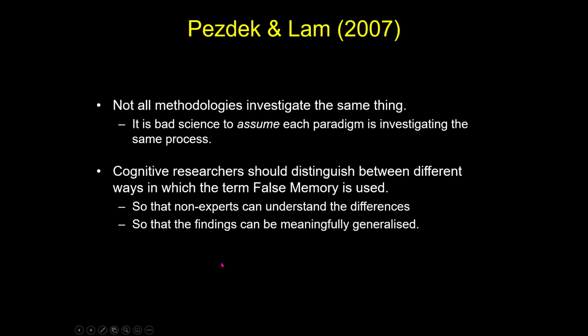And it is important for you to give some thought as to the appropriateness of a paradigm like that for looking at false memory. There is indeed quite a bit of critical discussion about that within the false memory literature. But Pezdek and Lam thought that it was pretty bad science to just assume that they were measuring the same thing.